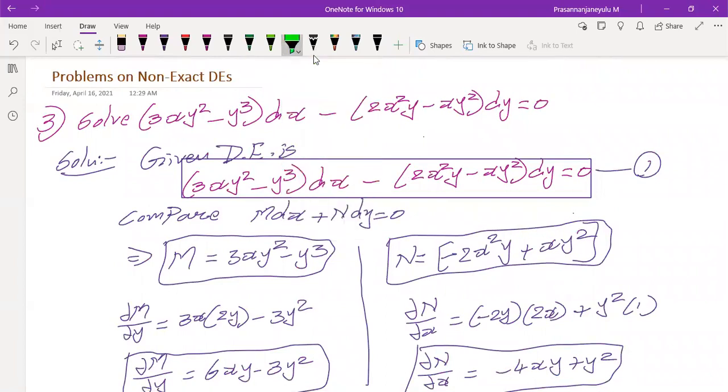The dx coefficient contains two terms. This is one term and this is another term. In the first term, what is the sum of powers of x and y? The sum is 3. What about the second term? x power is 0, y power is 3.